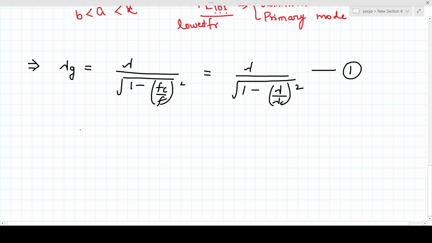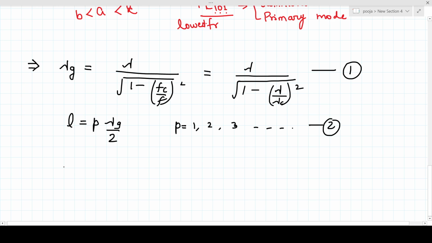We defined lambda g through the value of L in our earlier discussion, that the length L along the z direction for the rectangular cavity is a multiple of lambda g by 2, for p varying from 1, 2, 3 and so on. So we put equation 2 into equation 1.